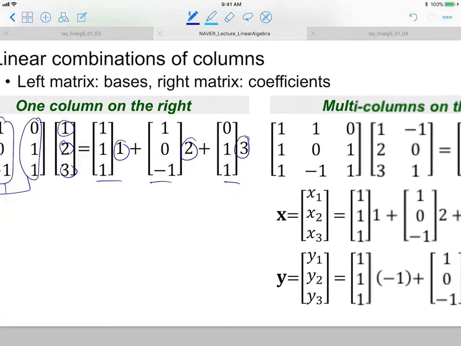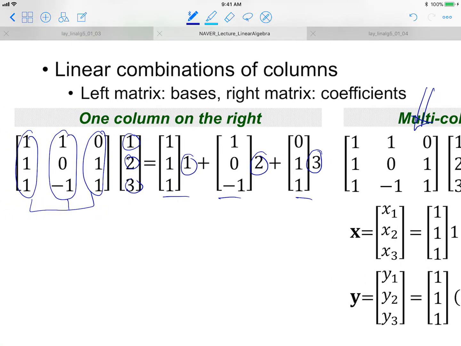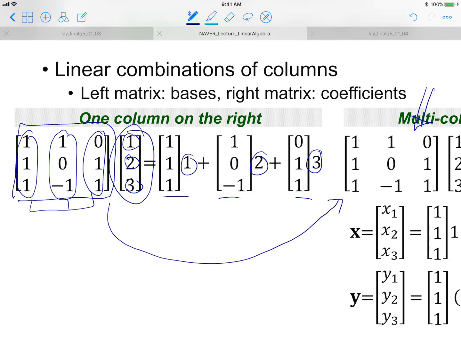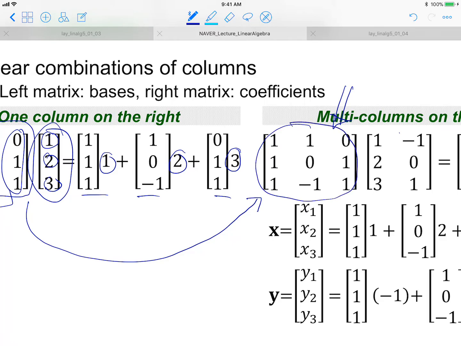But what if we view this matrix vector multiplication, where we had a matrix on the left and a column vector on the right, but let's generalize it into any matrix and matrix multiplication.